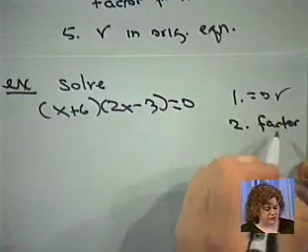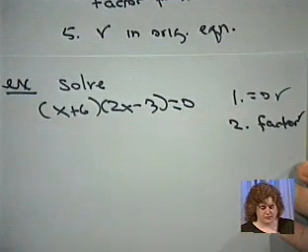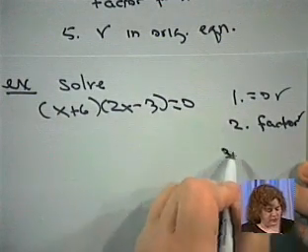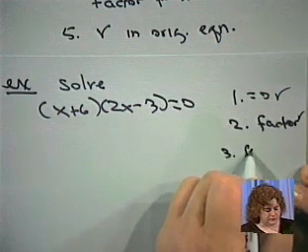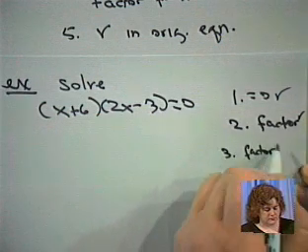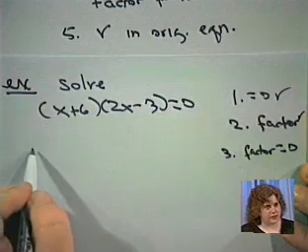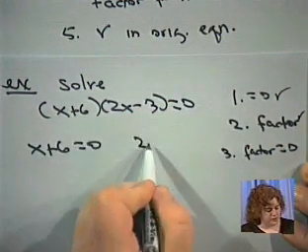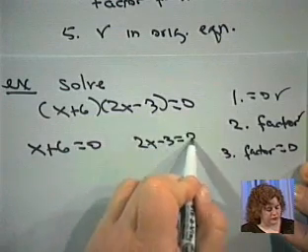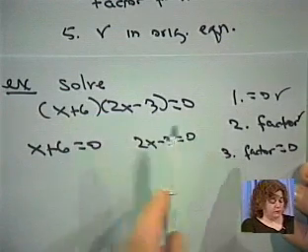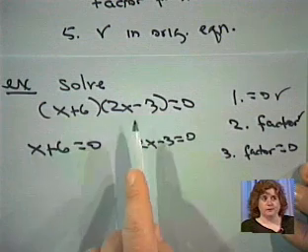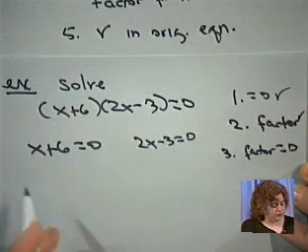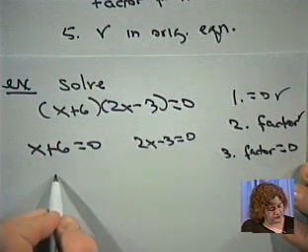Well, that's already done for us too. So we're up to setting each factor to 0. So we'll take x plus 6 and set it equal to 0, and 2x minus 3 equal to 0, because this statement will be true as long as I can make this 0 or this 0, and there are going to be two conditions where that takes place.